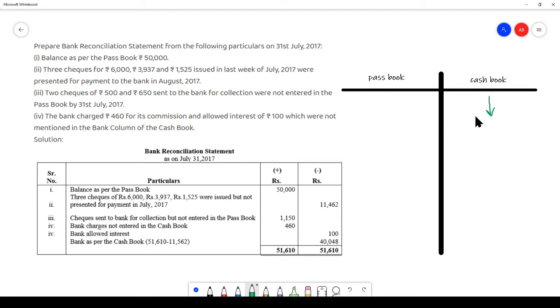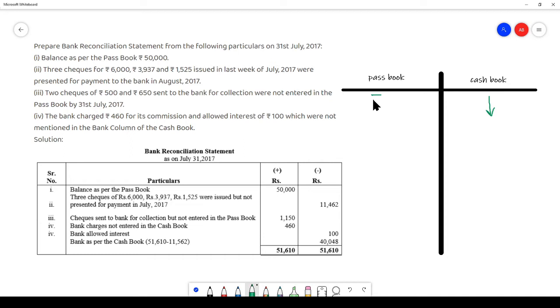But it is said that it is not presented for payment to the bank. So as compared to the balance of my cash book, my passbook balance was showing a balance which is higher than the balance of my cash book. Because as compared to this situation, my passbook balance will definitely show a higher balance because it was not presented for payment.